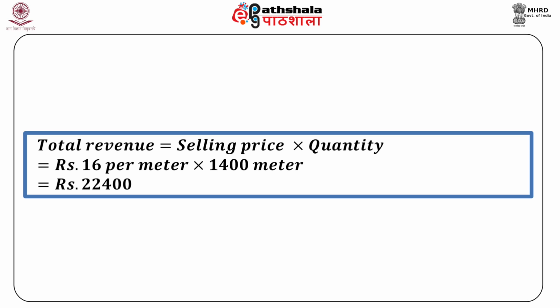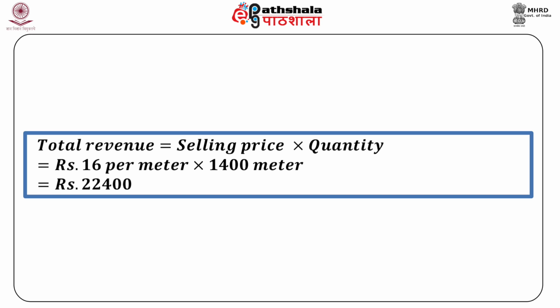At the same time, total cost is equal to fixed cost plus variable cost, which will be equal to 21,270 plus 1.75 into 1400, which will be equal to around 23,720 rupees. Now, according to the formula, loss is equal to total revenue minus total cost, which is equal to rupees 22,400 minus rupees 23,720, which is equal to rupees 1,320.